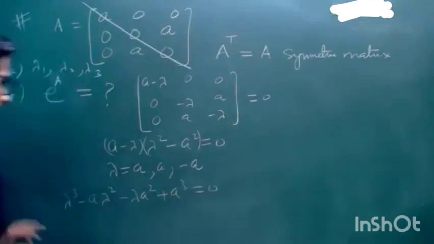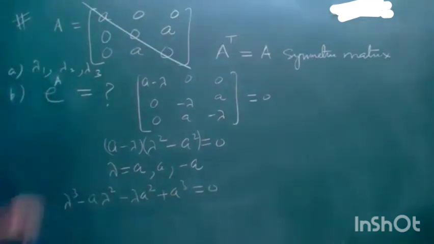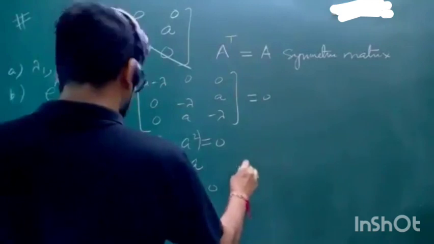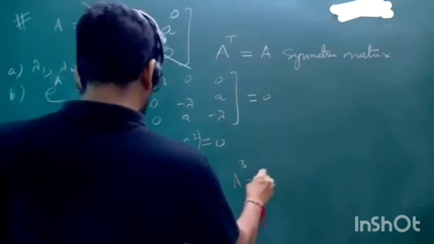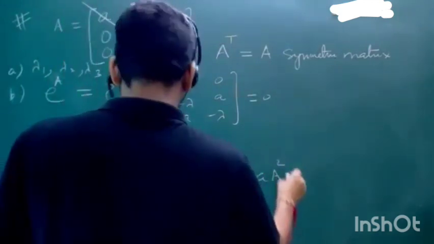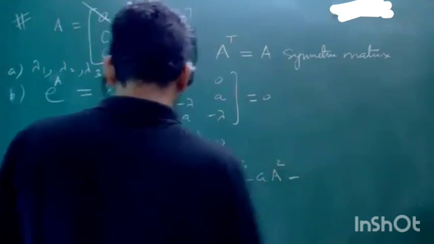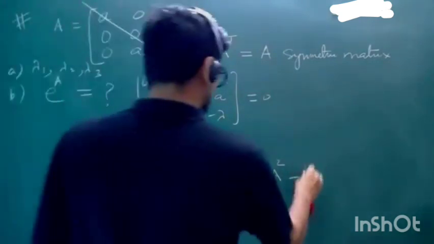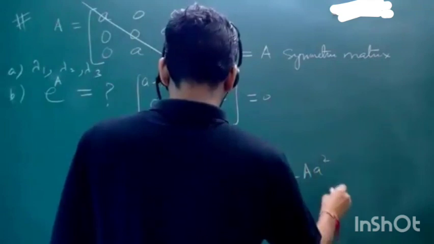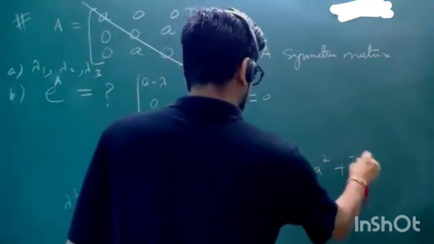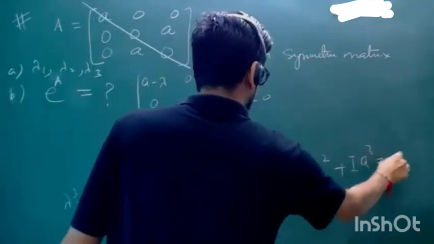Because of the Cayley-Hamilton theorem, the matrix will follow its own equation. So A cube minus a A square minus a square A plus a cube I is equal to 0.